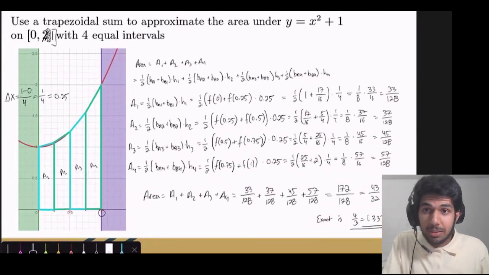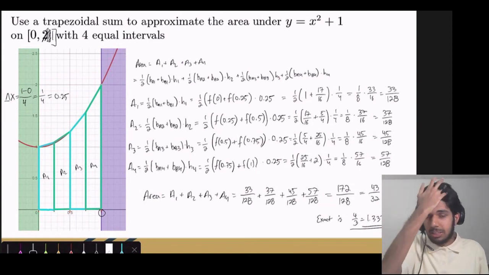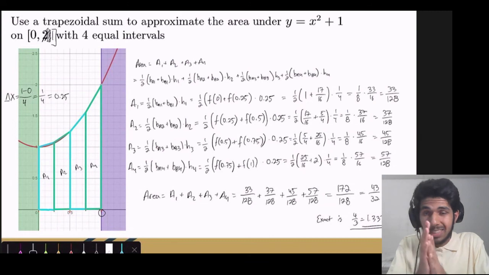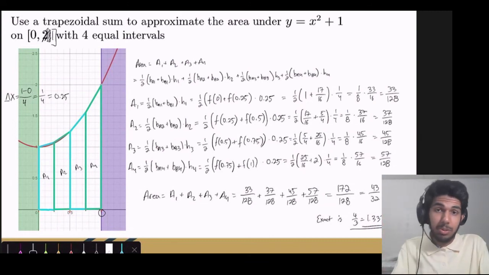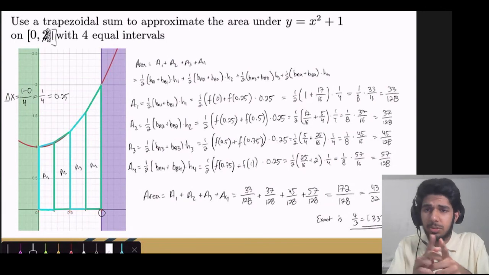So that's what Riemann sums are. We're taking these shapes, whether they be rectangles or trapezoids, and we're taking a bunch of them with tiny widths, or in this case, maybe larger widths, and we're just taking the area of these individual shapes and summing them all together.